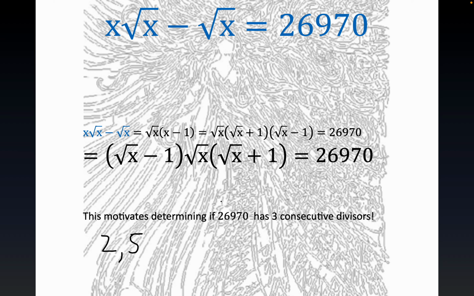Notice that the sum of the digits here, 2 plus 6 plus 9 plus 7 plus 0. Okay, what does that equal to? 24. And 3 divides 24, right?